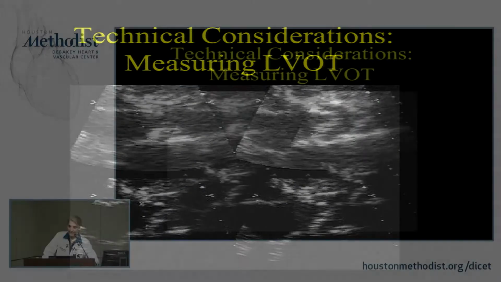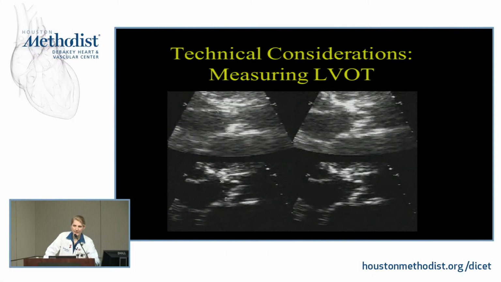Now, there are a lot of technical considerations when using the continuity equation and measuring aortic stenosis. And probably the most important one is measuring that left ventricular outflow tract correctly, because this value is squared, which we just saw previously, that cross-sectional area is squared. Sometimes it's difficult because there's so much calcification of that aortic valve and so much blooming artifact from that calcium. But you can see in the first example, it's not completely aligned with the leaflet tips.